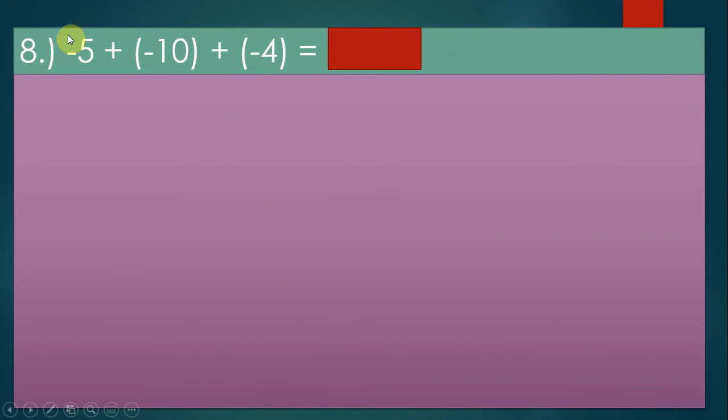Next, how about this? Negative 5, then added by negative 10, then added by negative 4. You add three negatives. What is your guess? What is the sign of the answer?